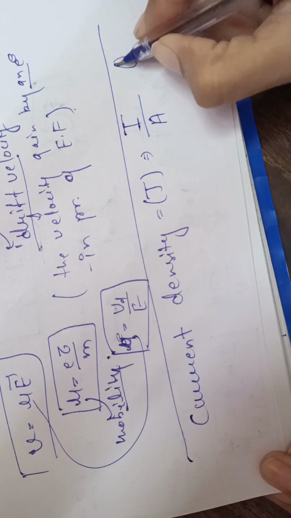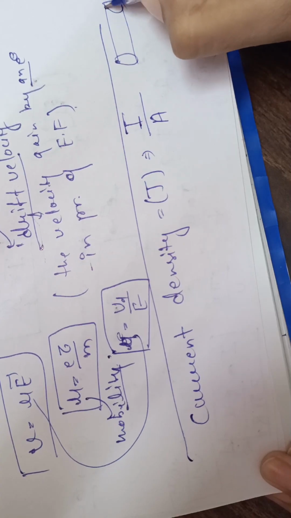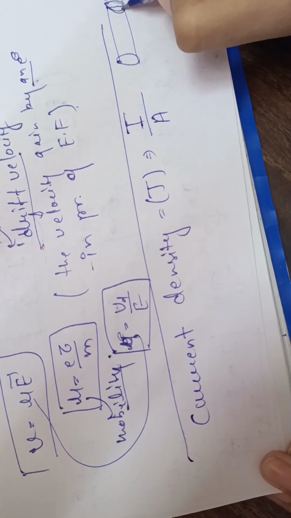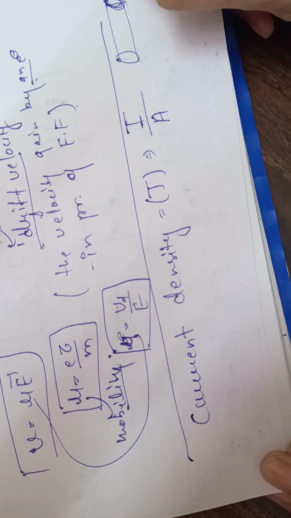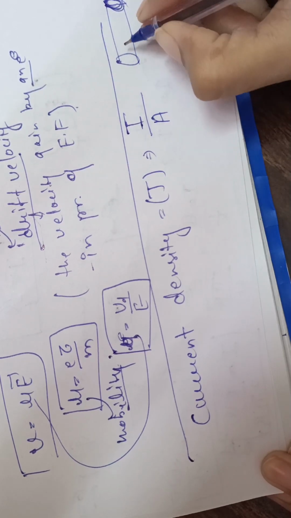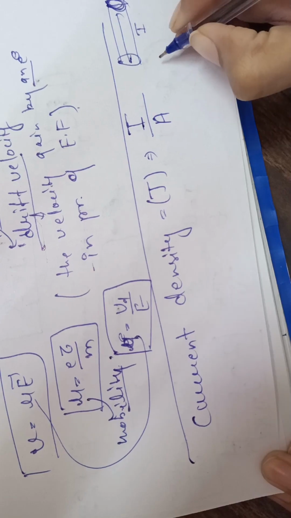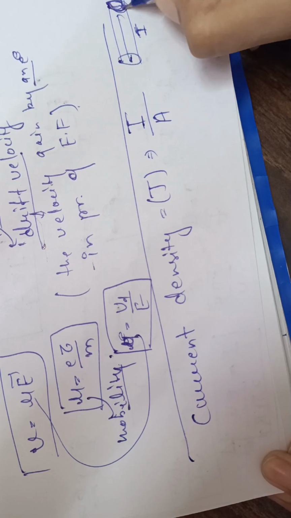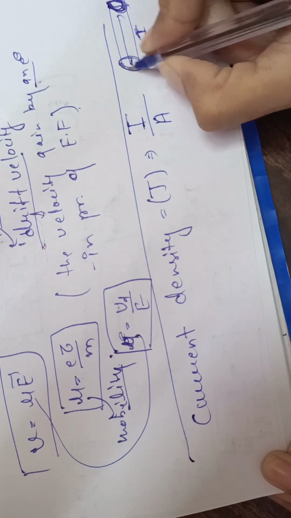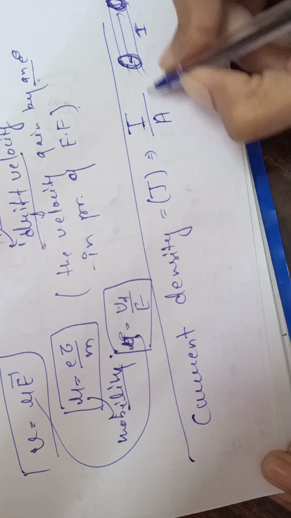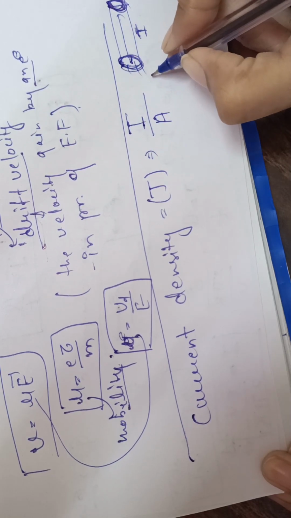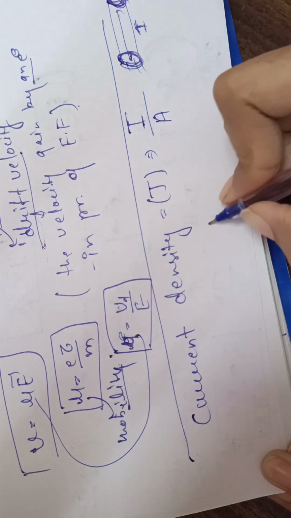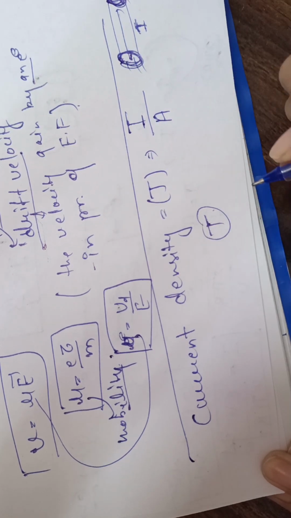For example, this is a wire and its cross sectional area is A. We can find that A equals pi r square, not always, but sometimes it will be pi r square. Then the current flowing through this wire per unit cross sectional area, that is, the current passing through this specific area per unit cross section, is called the current density, which we denote by J.